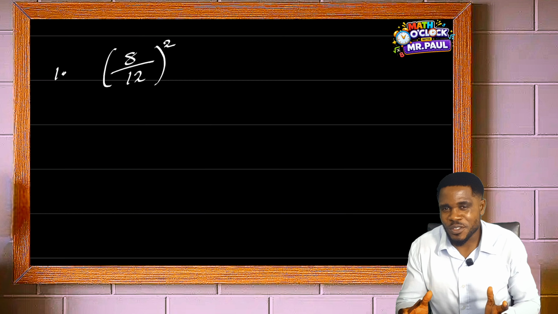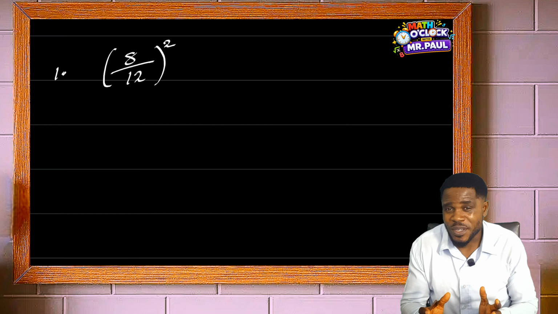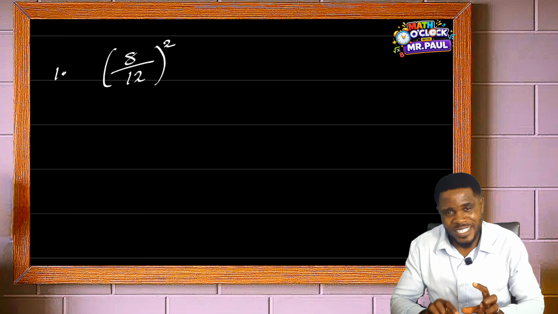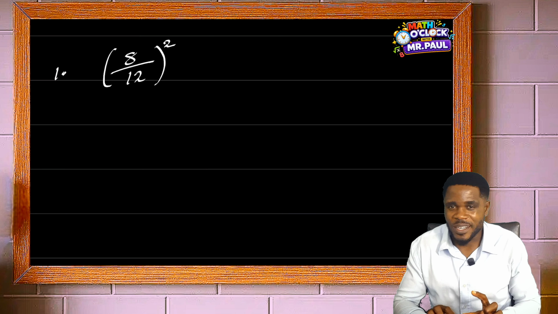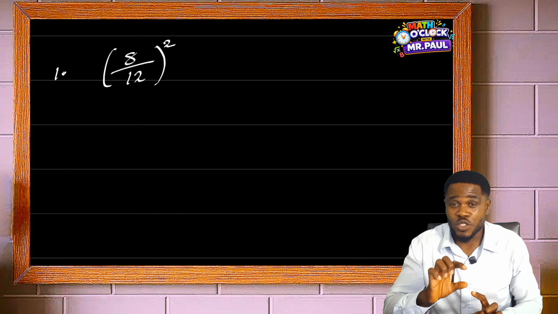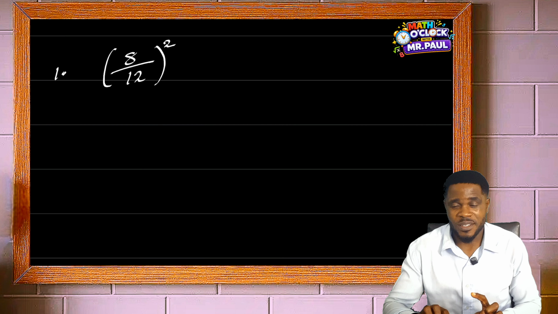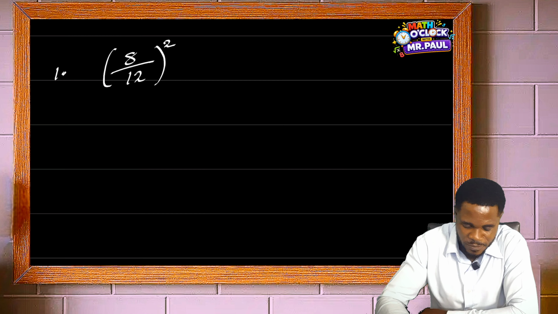So what we are just going to be doing is treating the numerator as a whole number on its own, and then treating the denominator as a whole number on its own as well. So the numerator multiplies itself, the denominator as well multiplies itself. Let's dive in.